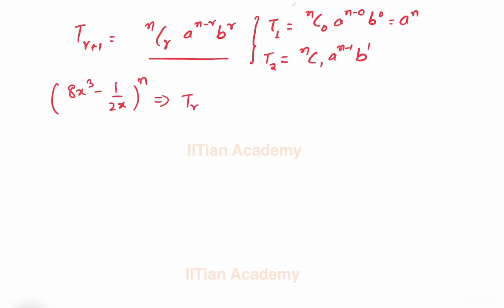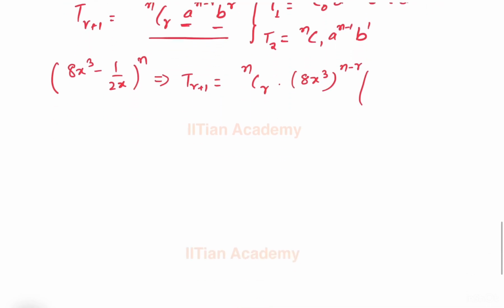The general term for this expression, which would be T(r+1), will be nCr into A, where A is x cubed, raised to the power n minus r, into B. Since we have a negative sign in between, we take the minus inside: minus 1 by 2x raised to the power r. Now we equate the power of x to 0.